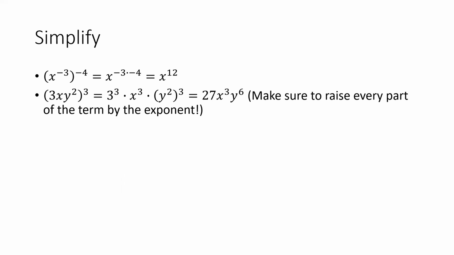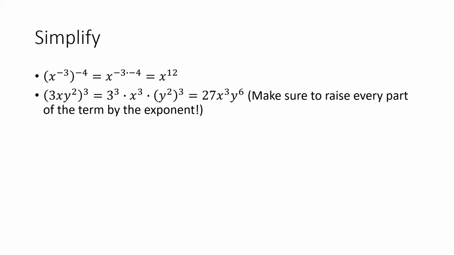And then the second one, you have to remember that every variable and constant in a term has an exponent. And if it's not written there, the exponent is 1. So 3xy squared, the whole thing raised to the third power, means that each of those items in that term needs to be raised to the third power.